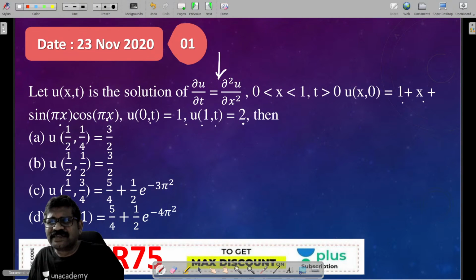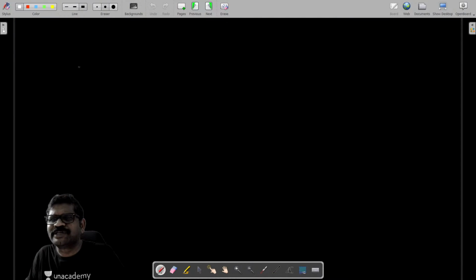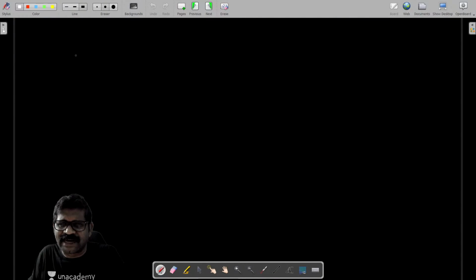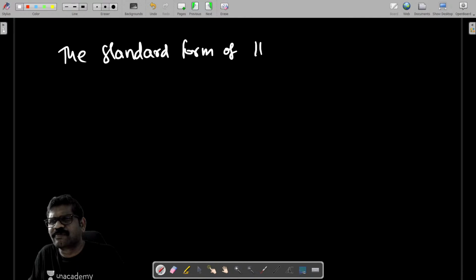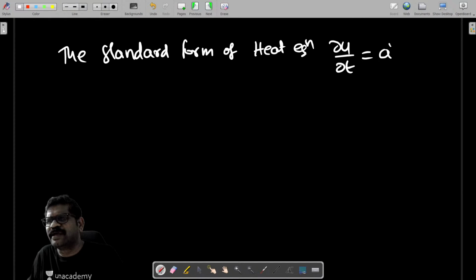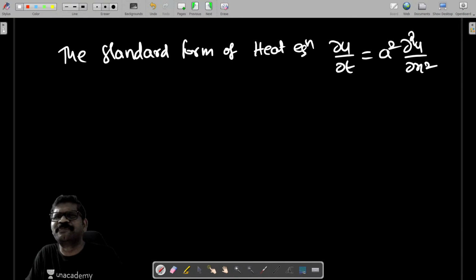So it is a problem on one-dimensional heat equation. The standard form of heat equation is del u by del t equal to a square into del square u by del x square.